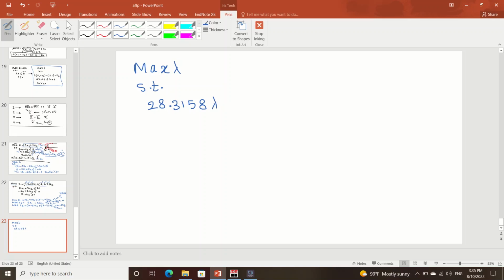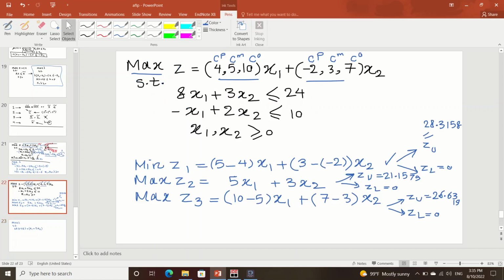Since the objective function must be minimized, we have this equation plus x1 plus 5x2, related to this part.